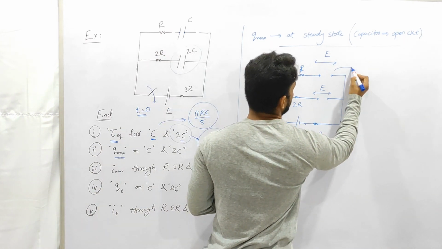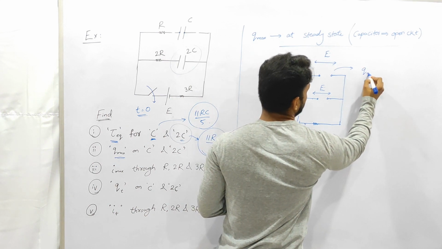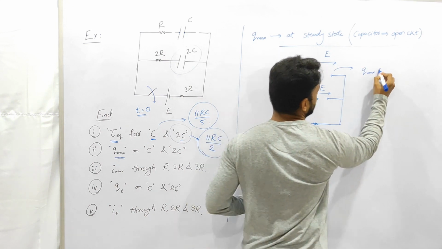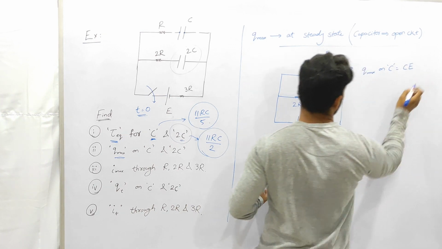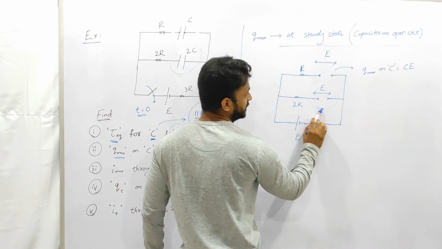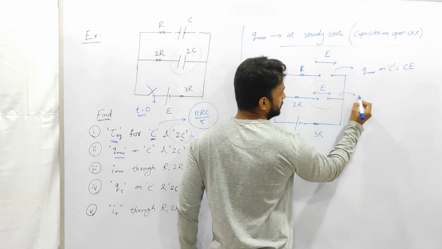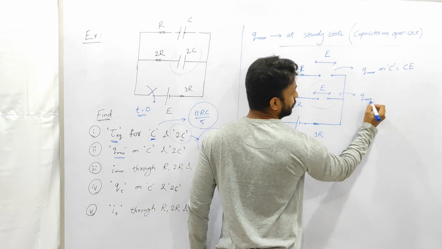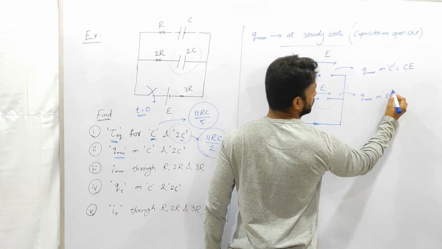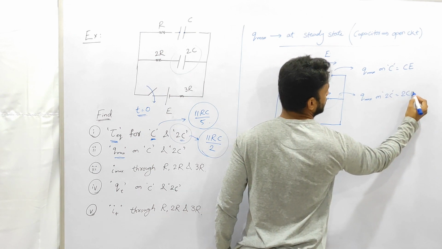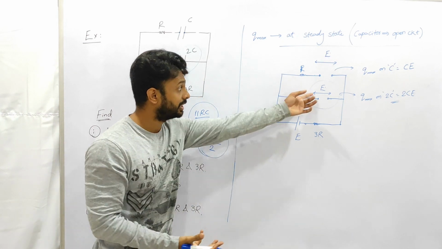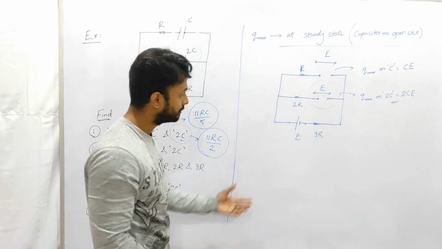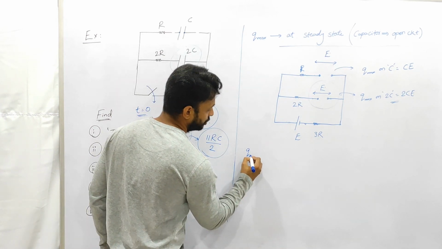So for this capacitor, what is the maximum charge? Q max on C is equal to C into E. And here the maximum potential difference is E. That means what is the maximum charge it can attain? The Q max on 2C is equal to 2CE. Simply the maximum potential difference into its own capacity. Okay, so that is how to calculate the Q max.